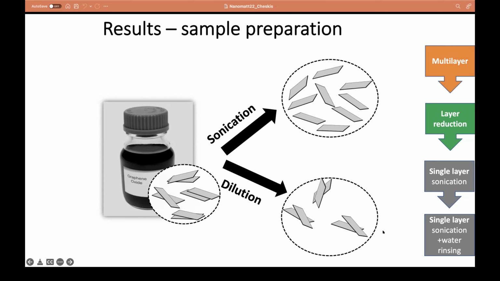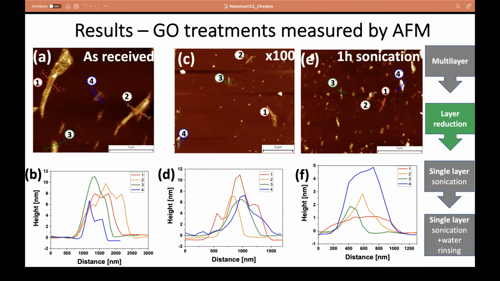So we make a small dilution, and we also started to make the sonication process, and we look at what's going on. First of all, we perform AFM measurements and see how it looks when we make sonication.